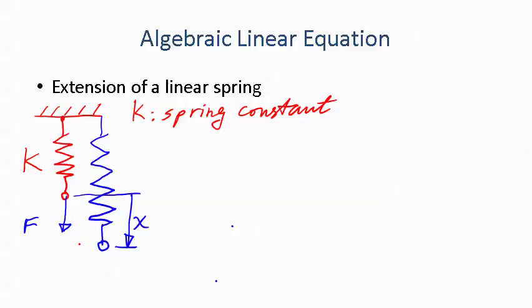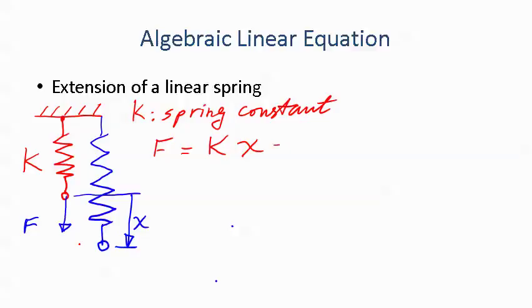So now we observe that we have three parameters, F, k, and x. The relationship between these three parameters is the following. The force is equal to the spring constant times the elongation x.